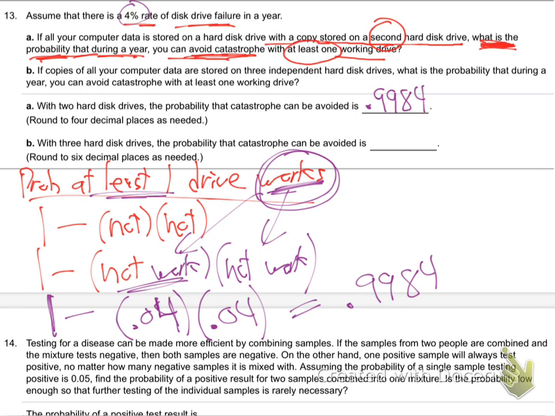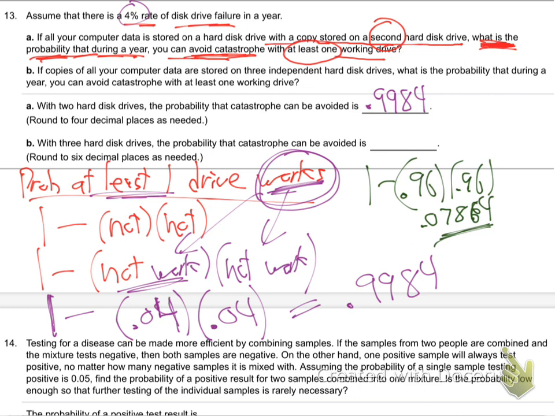Hey, let me help with something. What if you accidentally did it the other way and you put 0.96? Like that? If you did that, you know what answer you would get? You would end up getting 0.0786, I think. Anyway, how would you know that can't be the right answer?